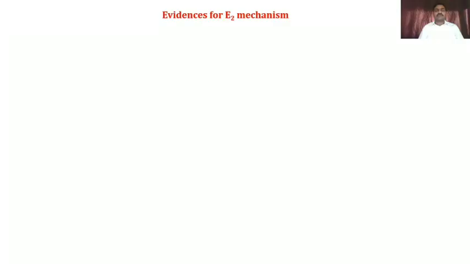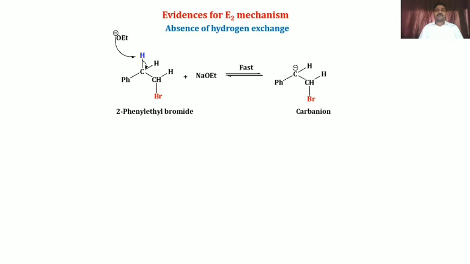And the third important evidence is the absence of hydrogen exchange. Suppose the reaction of 2-phenyl ethyl bromide with sodium ethoxide is arrested when half of the reaction has taken place, and suppose it gives a carbanion as an intermediate. Then the first product is supposed to be the elimination product: the carbanion's negative charge forms the carbon-carbon double bond, and then the leaving group departs.